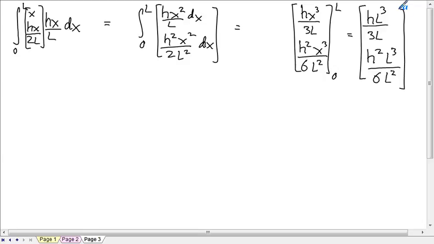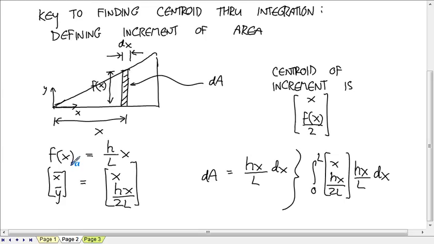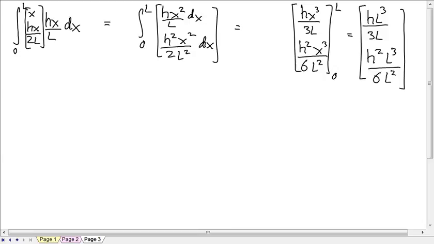You can cancel. Oh, yeah, I forgot something important. So for the centroid, we need to divide by the area. And so you get 1 over A. The area of the triangle is HL over 2.